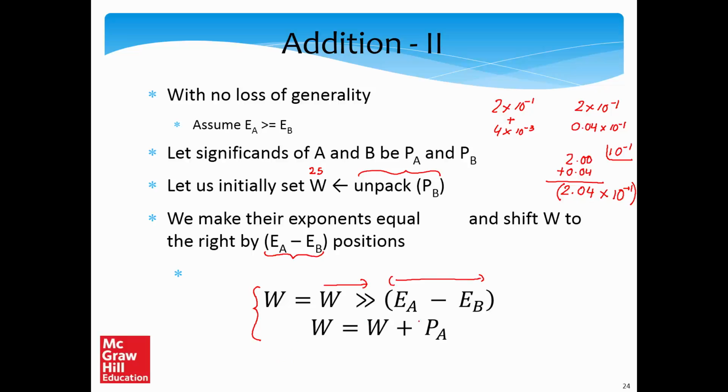Now that their exponents are the same, their exponent field for both of them is ea, and the real exponent is of course ea minus the bias. So then we can do w equals w plus pa, which means that I'm adding the significand of pa to the significand of pb, right shifted by ea minus eb positions. This is equivalent to aligning the decimal points, setting the exponents to be the same, and adding.